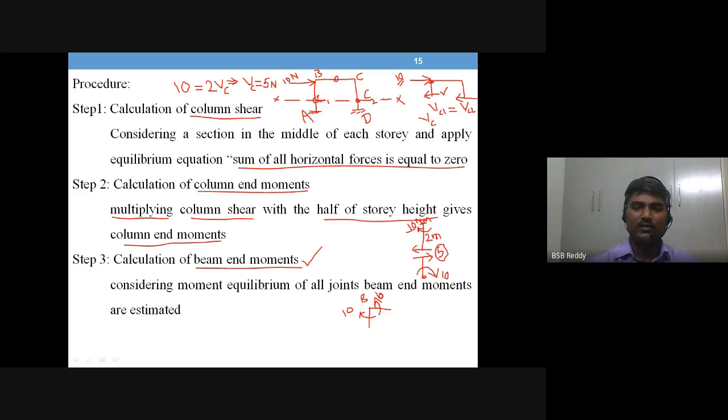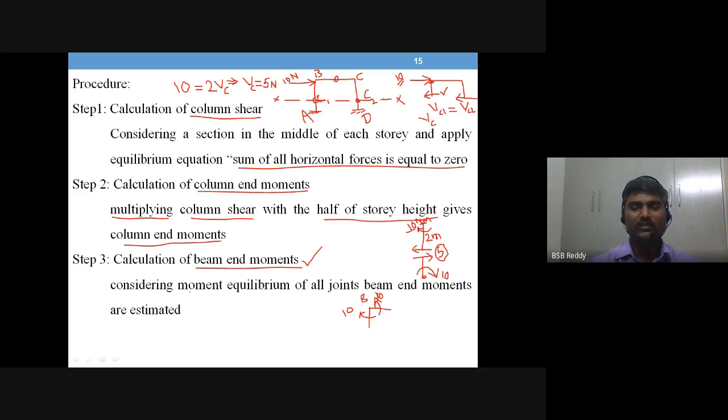That's it. There is no other moment present anywhere there. So at joint B, you have only one moment, no other loads. So you have 10 acting on the joint clockwise. For equilibrium, you should have an anti-clockwise 10. That's how simple it is.